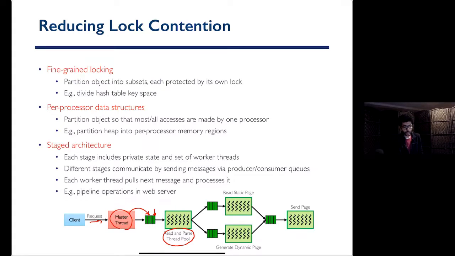So there is no contention for threads to process data, because each one of them is working on a separate request. So that's another thing that we can be doing. Instead of having shared data, we can have message passing. Threads communicate with each other through messages, and there is no sharing of data.